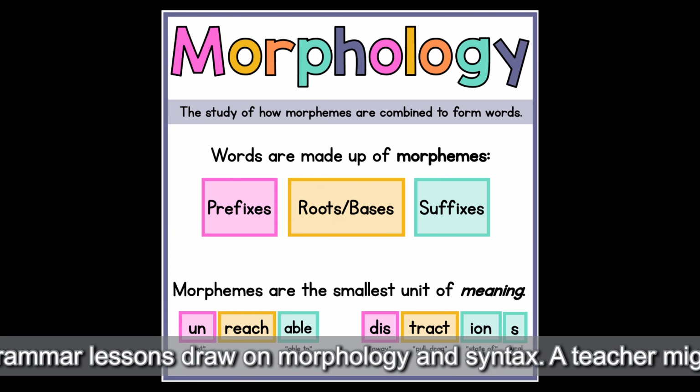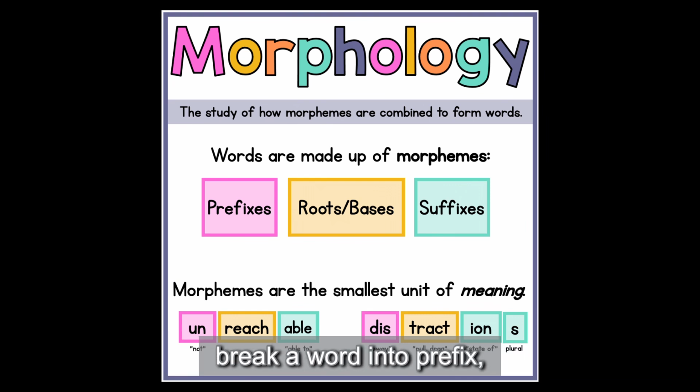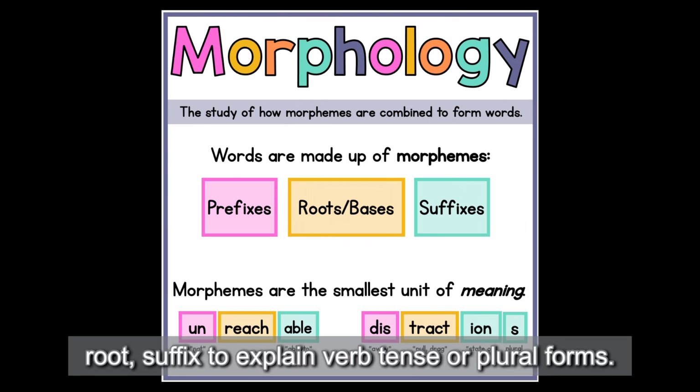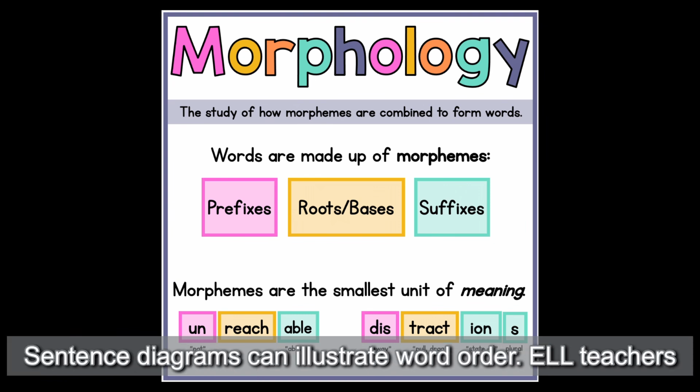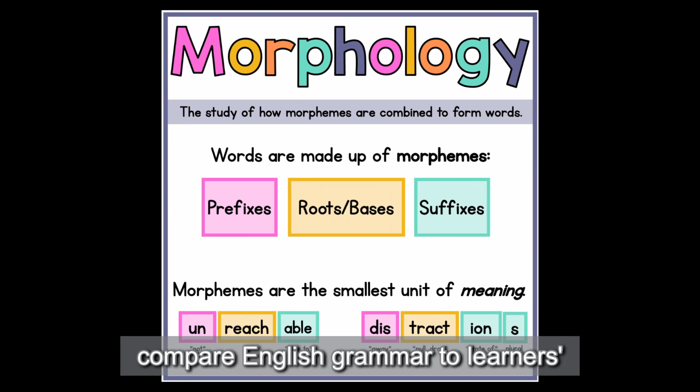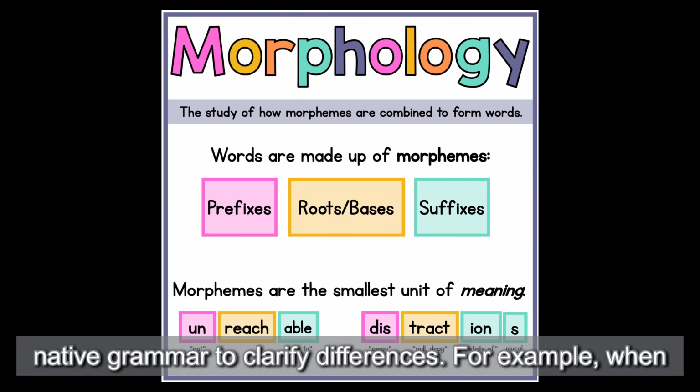Grammar lessons draw on morphology and syntax. A teacher might break a word into prefix, root, suffix to explain verb tense or plural forms. Sentence diagrams can illustrate word order. ELL teachers compare English grammar to learners' native grammar to clarify differences.